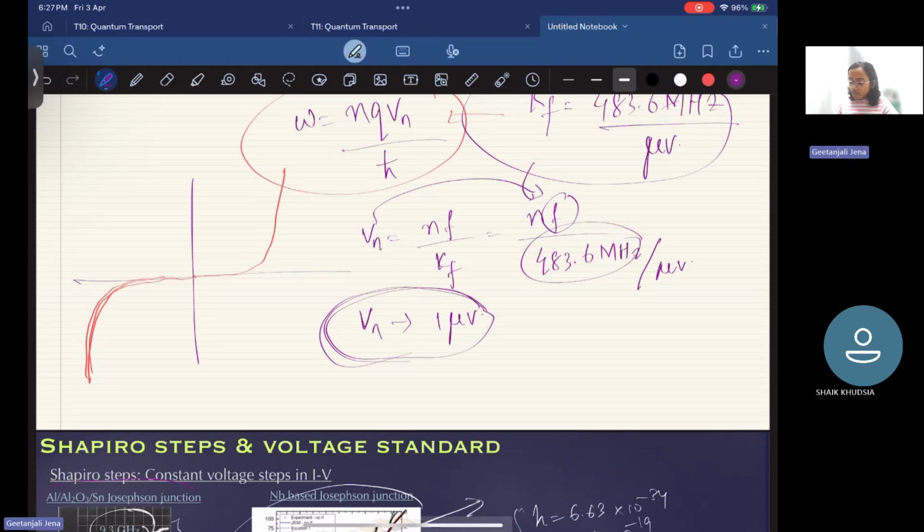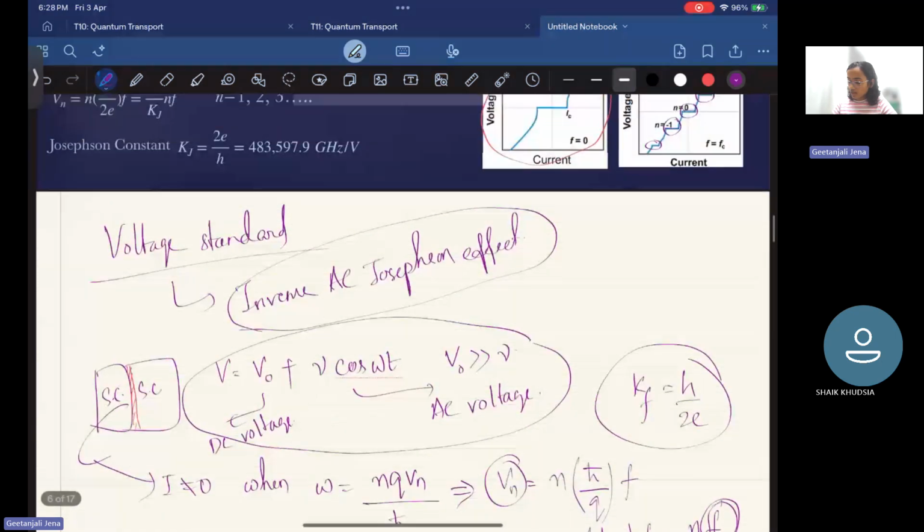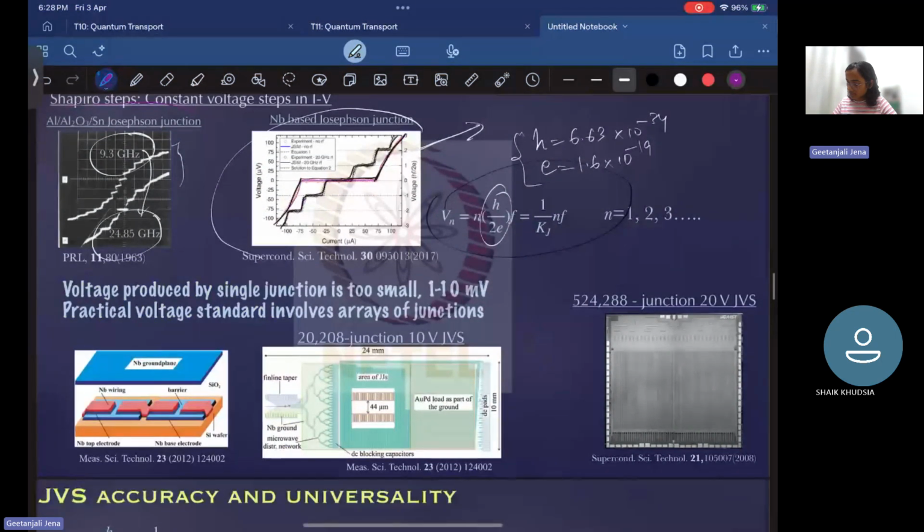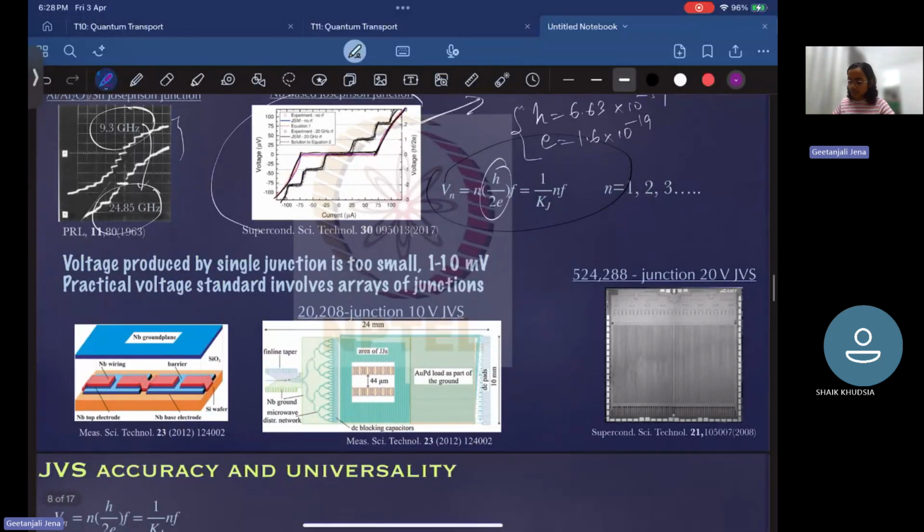So to get higher voltage, one thing you can do is to increase the number of Josephson junctions. So we align many junctions in series, so that the total voltage would be the summation of the voltage of each junction. In this way, you can increase the voltage of a voltage standard. Okay, I think this is what has been covered in this slide.